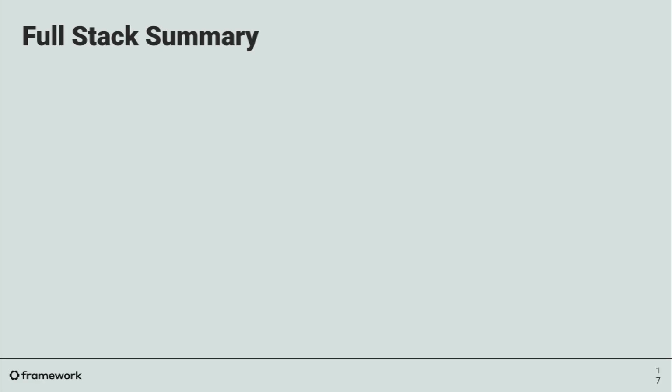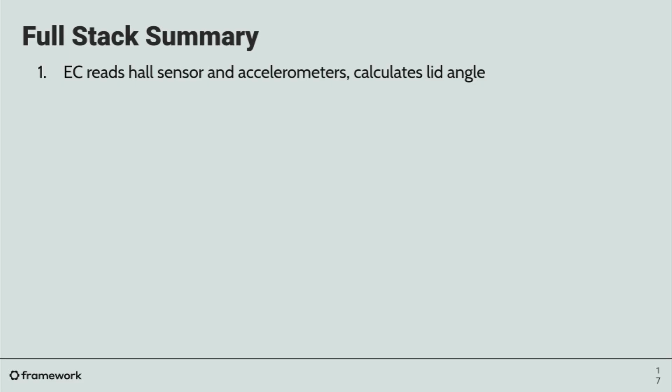Let's summarize how everything works. First, the embedded controller reads the sensors, the Hall sensor and the accelerometer, and based on that, it can calculate the lid angle. Then if it determines the angle is tablet mode, it sets a GPIO that's connected to the CPU.